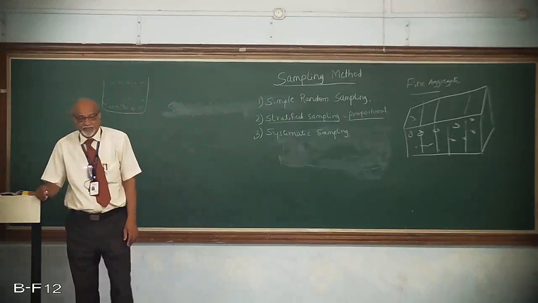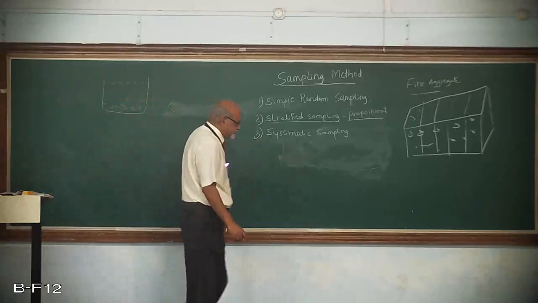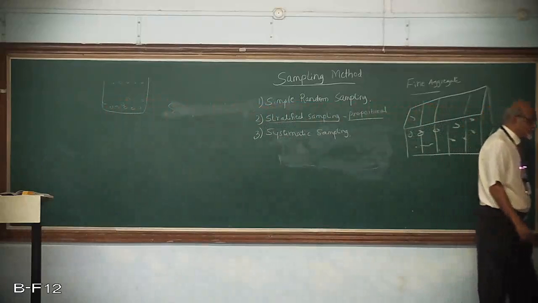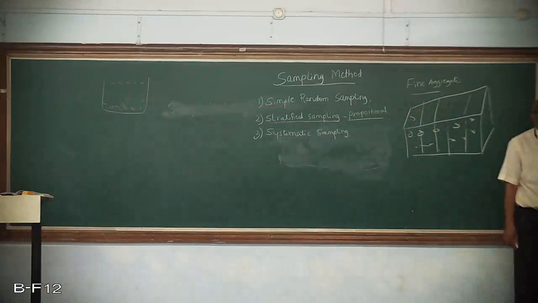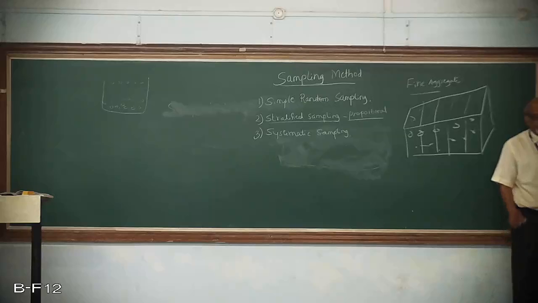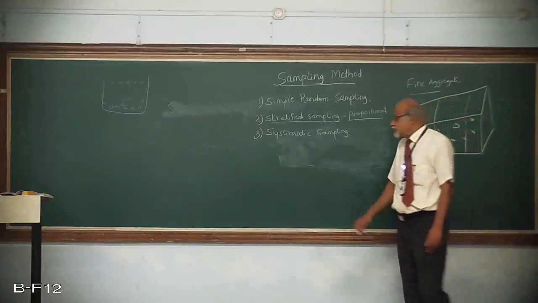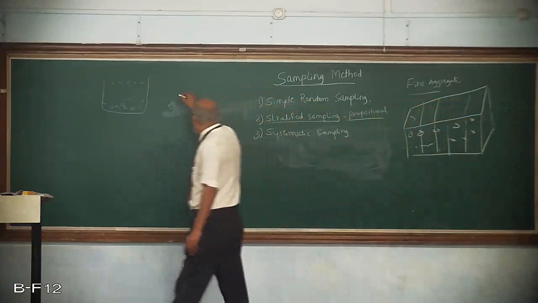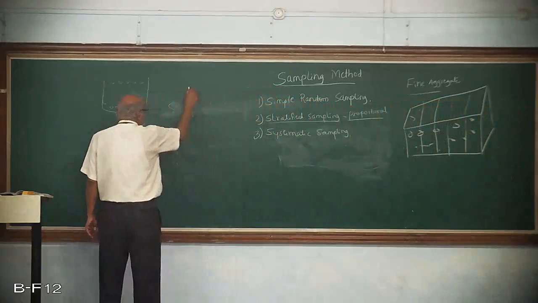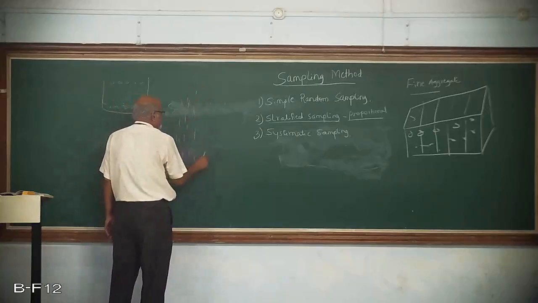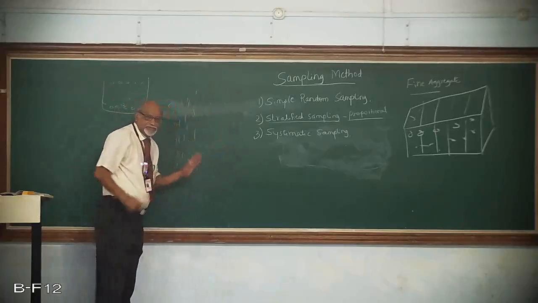What will be happening is, it is just like the selection of a random number from a random table. You know how to use the random number table? This random number table consists of numbers like this, randomly.